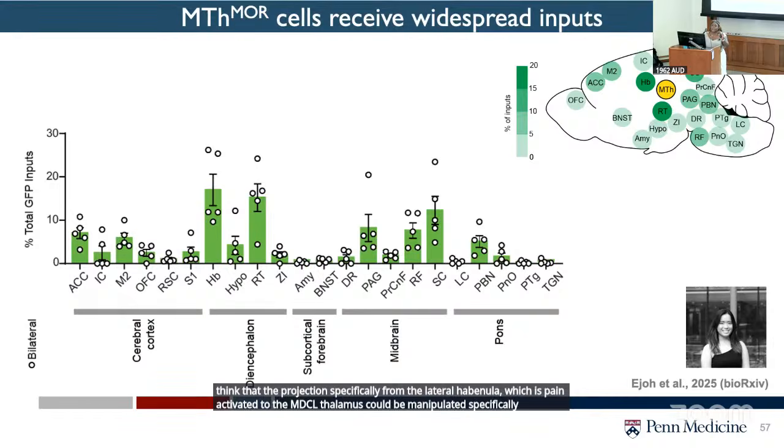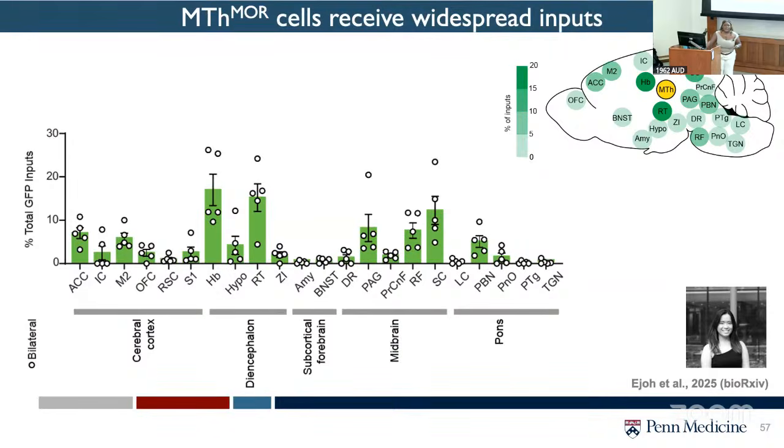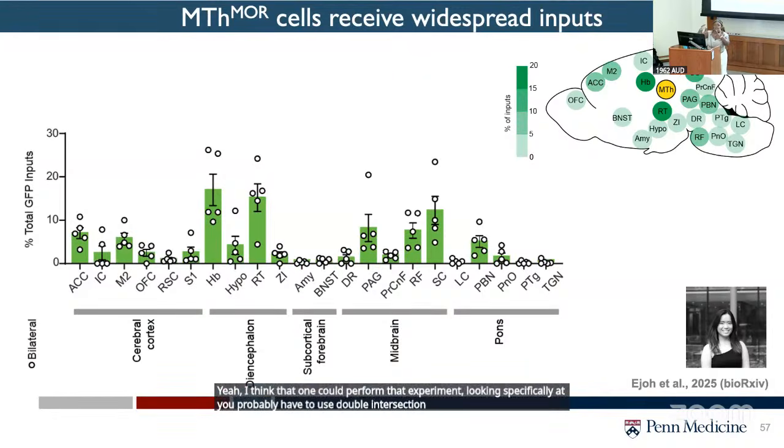Yeah, I think that one could perform that experiment, but you probably have to use double intersectional methods. So you have the mu opioid receptor population, you could do a projection specific population as well, and then specifically manipulate that one, inhibit it or activate it to see how that affects pain in vivo.